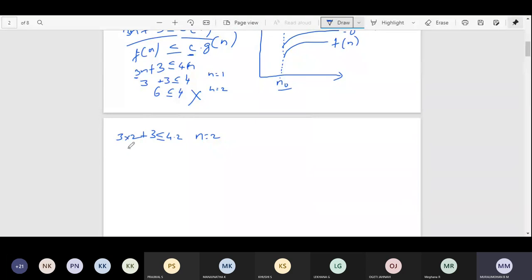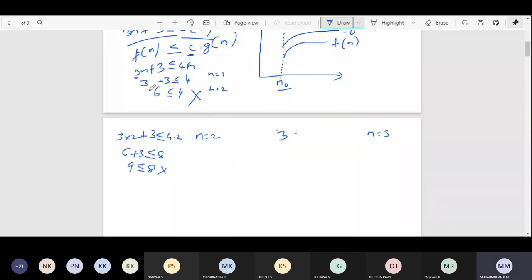So 3 into 2 is 6, plus 3, 9, is less than or equal to 4 into 2, 8. So 9 is less than or equal to 8. Is it satisfying? Again it is not satisfying. Then we will go with n equal to 3.